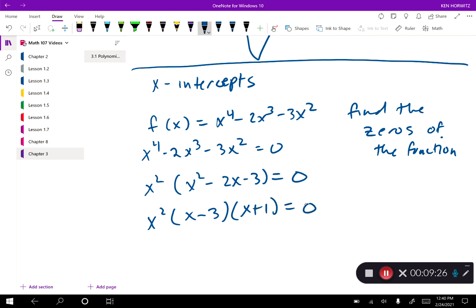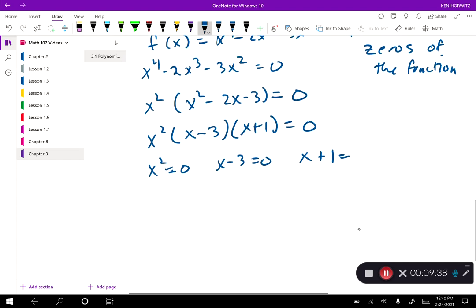And now I want to solve all three of these terms, because if any one of these terms equals 0, all of them equal 0. So x squared equals 0, x minus 3 equals 0, x plus 1 equals 0. So x equals 0, x equals 3, or x equals -1.